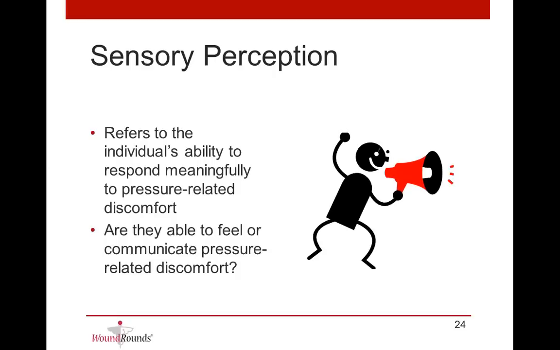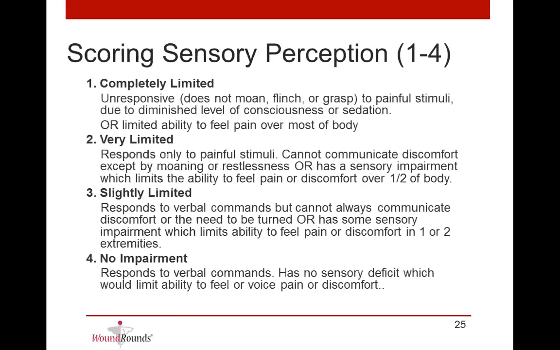Examples of those who cannot adequately communicate their discomfort might include those with confusion, disorientation, oversedation, lack of responsiveness, in acute care setting, patients on a ventilator, even including people who do not speak the native language would be considered people that would be at risk for sensory perception.